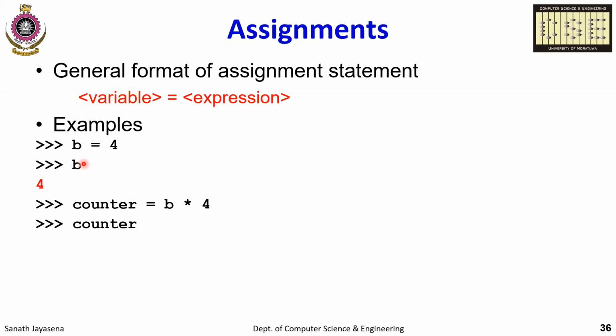But when we discuss all these things, also keep in the back of your mind what we talked about regarding objects and their names in the earlier discussion, right? We said that when you say B equals 4, there is an integer object whose value is 4, and B is a name for that. B is a reference for that, right? So when you say B just by itself, it shows the value of the object that B refers to.